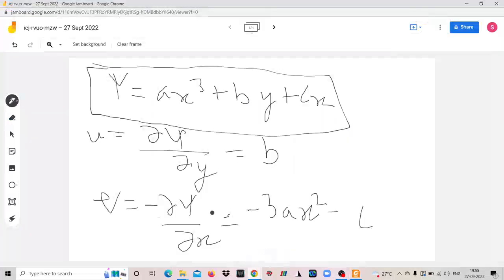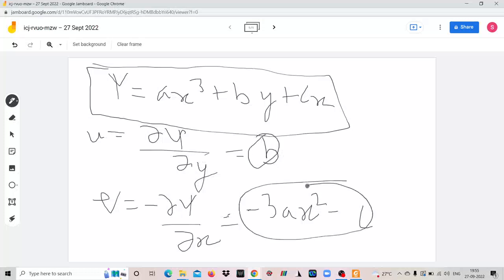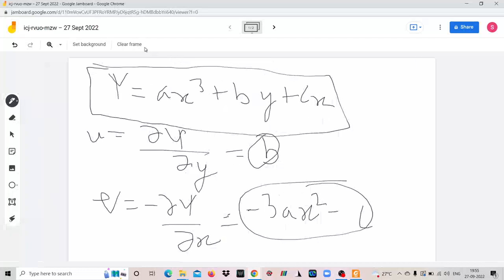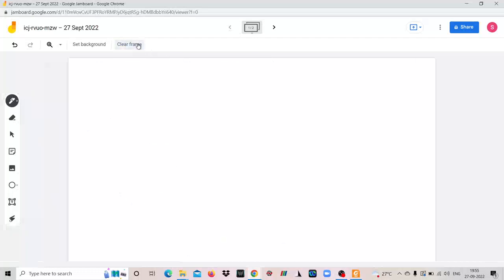We have already found the expressions for u and v, which was the first part. Next is the continuity equation. So u is equal to b and v is equal to minus 3a x square minus c.